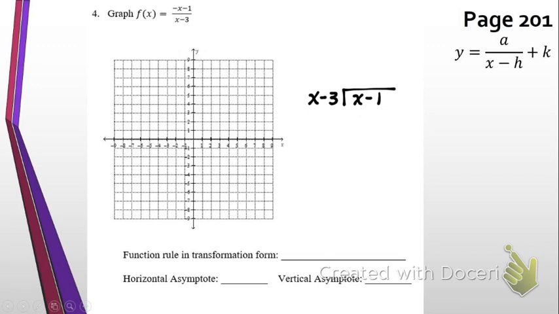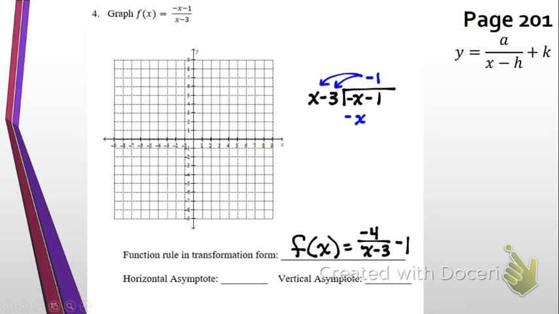What is the fully finished transformation form? F of x equals -4 over x minus 3 and minus 1. That is correct. Up on top, our k value, we're going to get a -1, and then we distribute that to both pieces.